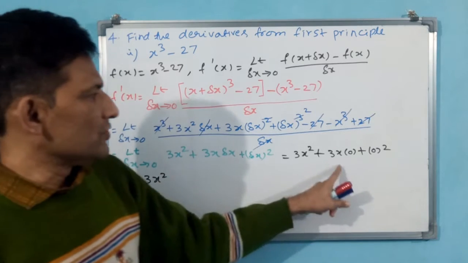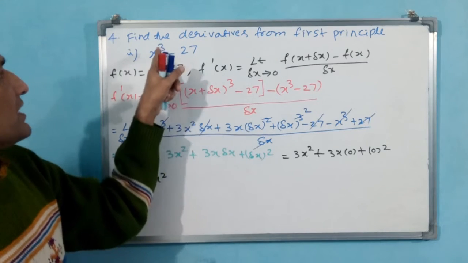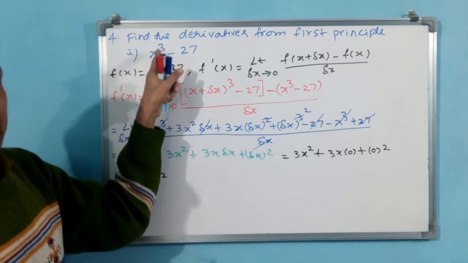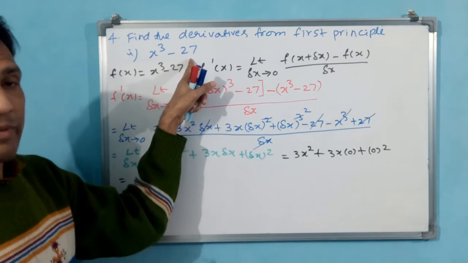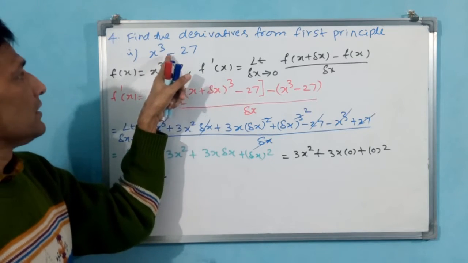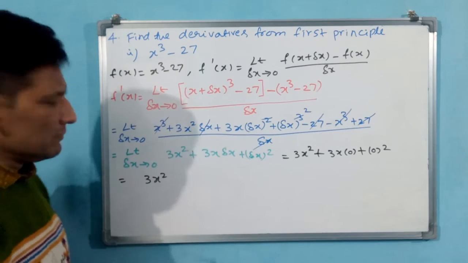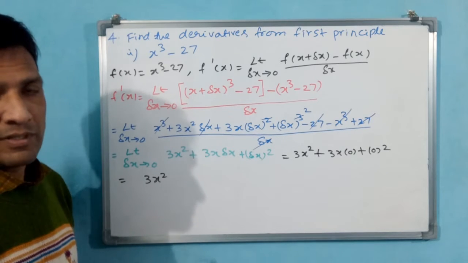Understand? 0, 0 plus 3x square. By seeing itself, we can tell 3x square. Why? Because the derivative of a constant is 0. The function may not be 0, but the derivative is 0. While doing derivation, 3x square will come. 3x square has come.